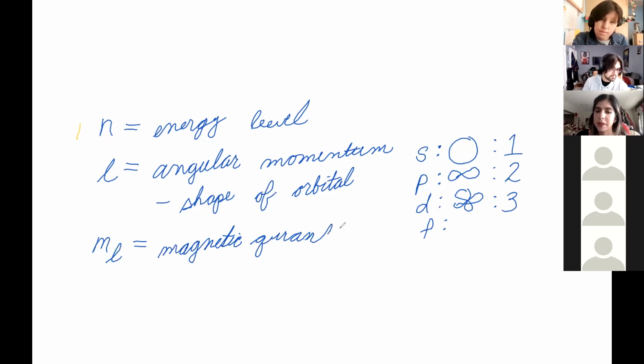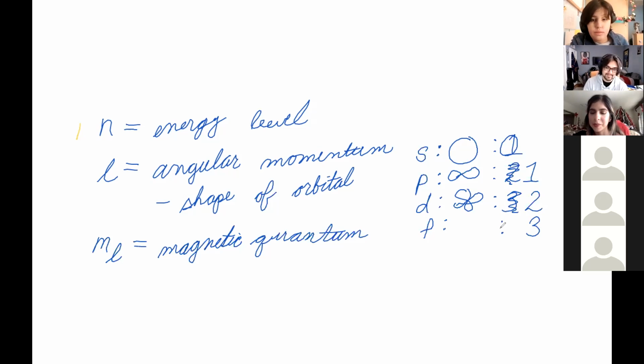I have a question. Isn't it S 0 and P 1? Yes, you're absolutely right. I skipped one. Sorry. Good job. Who was that? Me, Hazel. Good job. Okay, F is 3. Okay, so we have the magnetic quantum number.